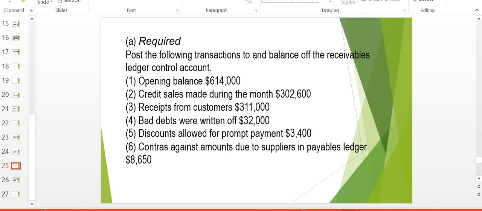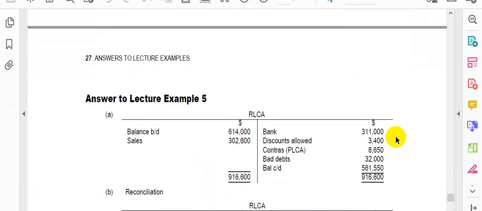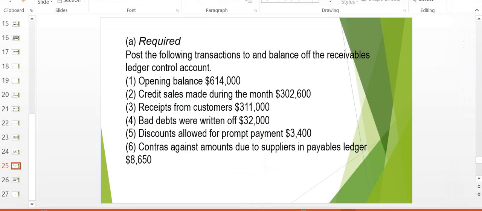If we are preparing the bank, that will go on the debit side of the bank, but for now concentrate on the receivable ledger account. So the 311,000 will be a credit on the receivable ledger control account. Move to the next entry.